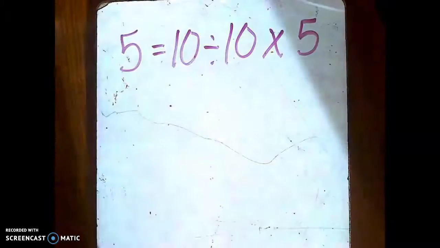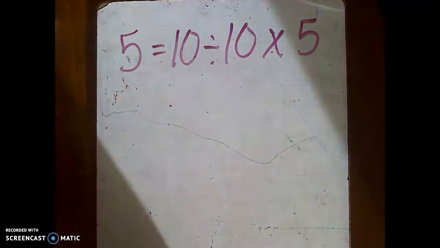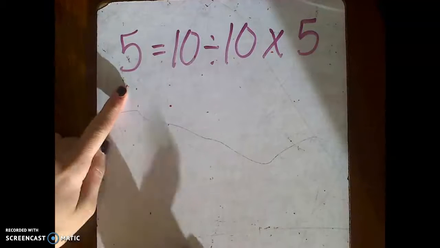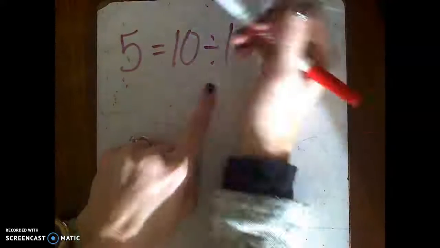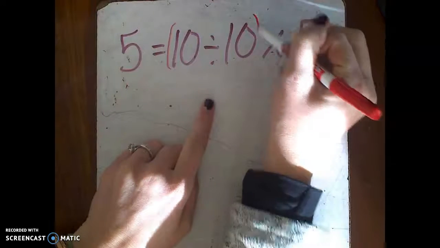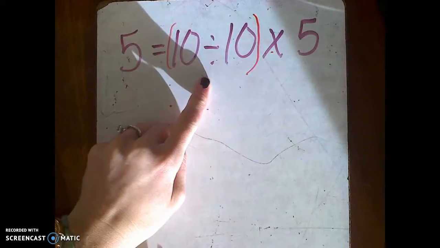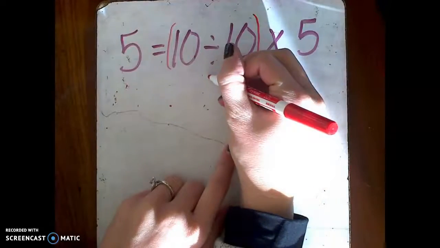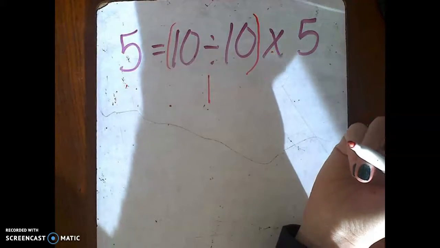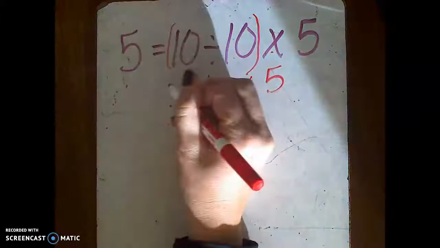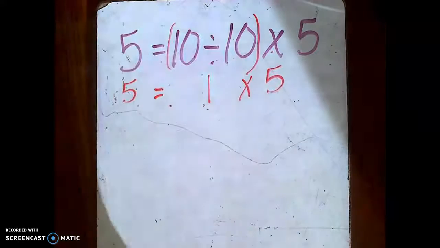Now remember, my job is to place those parentheses where they need to go to make the statement true. Now, if I place my parentheses around my tens, just because they're closest, I know that 10 divided by 10 is 1, because any number divided by itself is 1. So 1 times 5, it equals 5. Wow! Look how lucky we got.